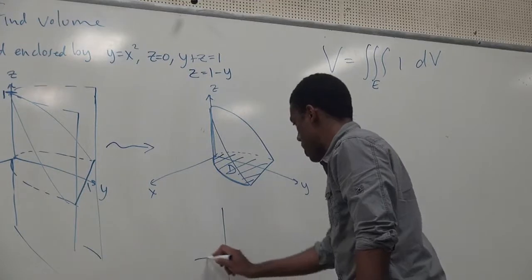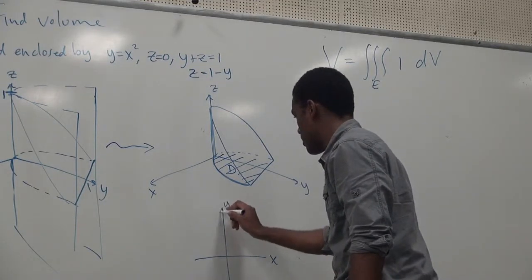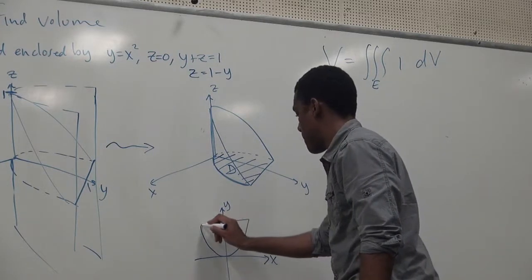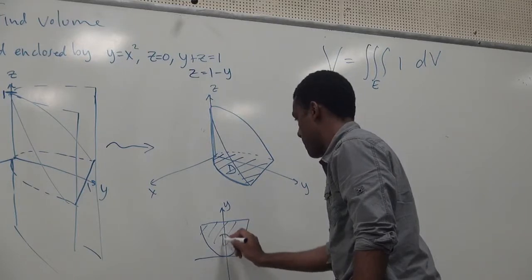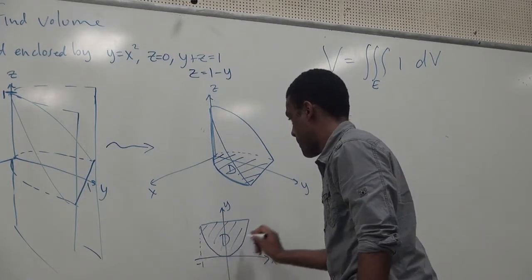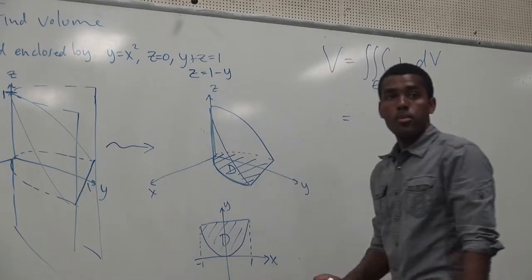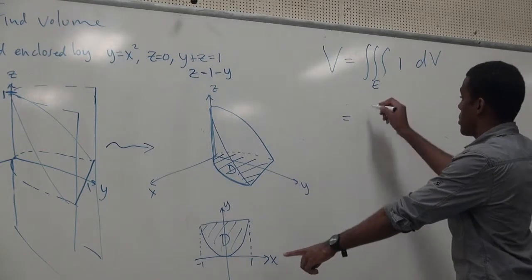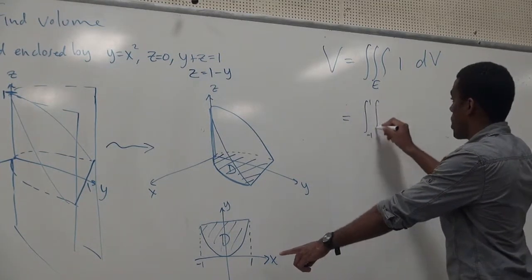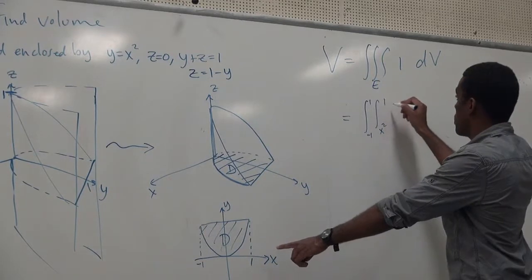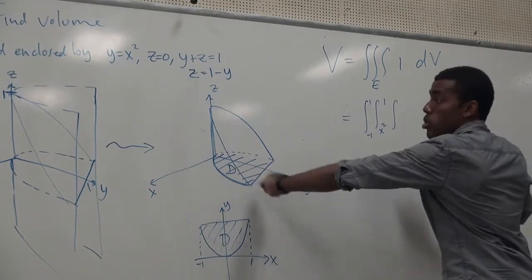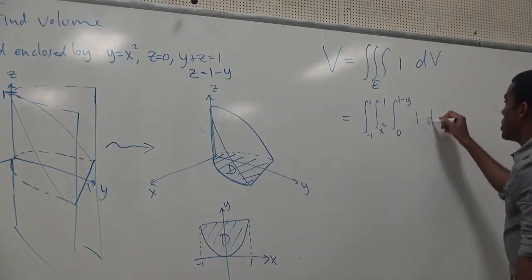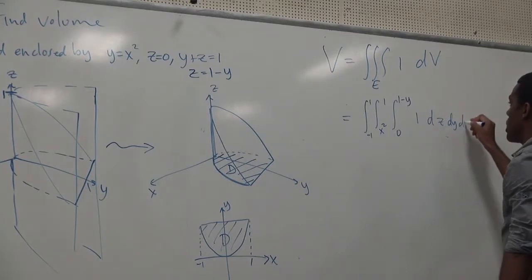Right, so if I look in the xy plane, now I can just have x go from -1 to 1, y goes from x squared up to 1. And my z goes from 0, which is the floor, up to the plane 1 minus y. Of 1 dz dy dx.